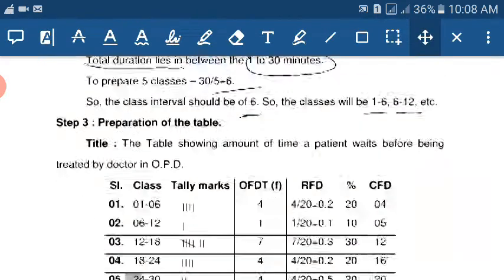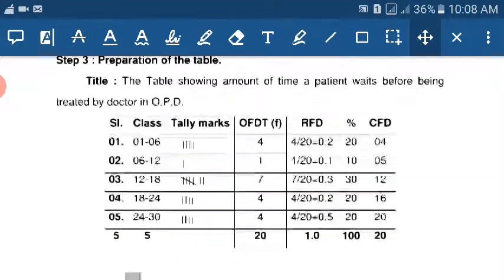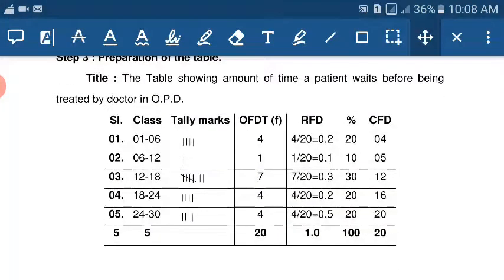Then preparation of the table. The table shows the amount of time patients wait before being treated by the doctor. The class 1 to 6 minutes has 4 patients. This is the ordinary frequency distribution table.